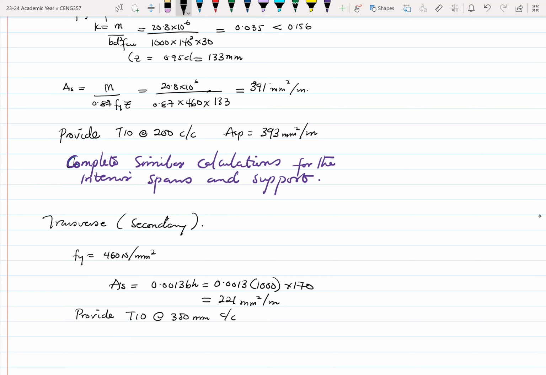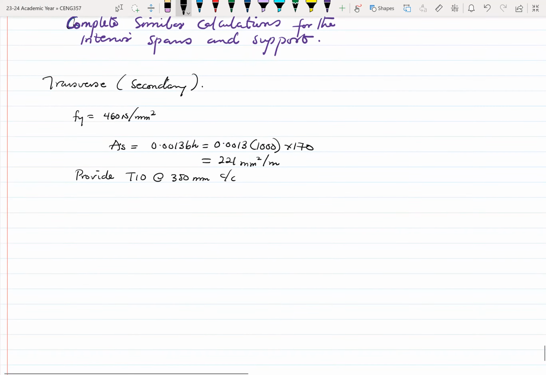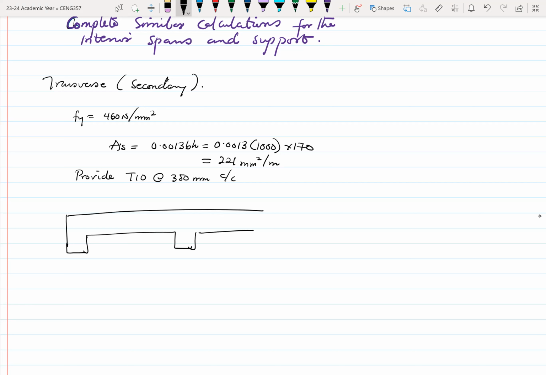So whenever you have a main reinforcement, you provide this secondary reinforcement. If you do the calculations fully, you would realize that if this is your slab with its corresponding beams, this will be your rebar arrangement, and depending on which spans you are looking at, they'll vary.